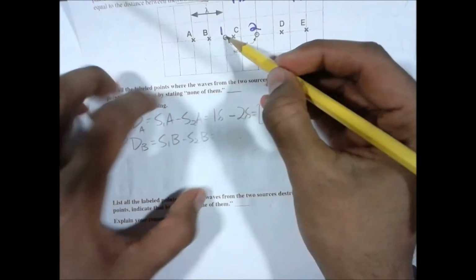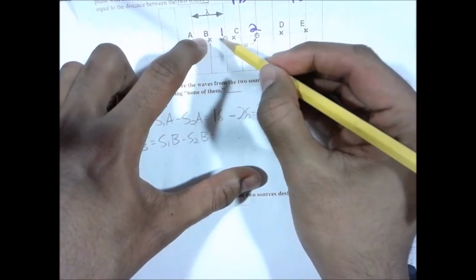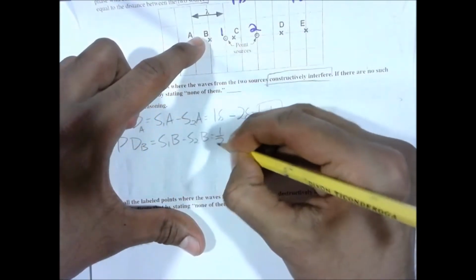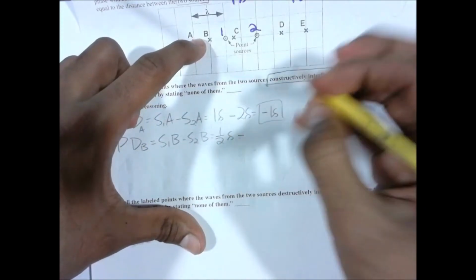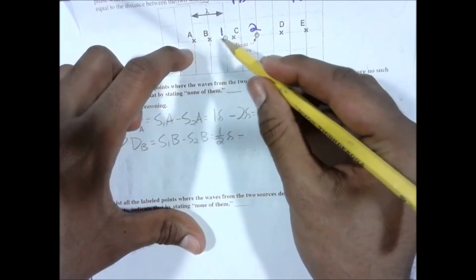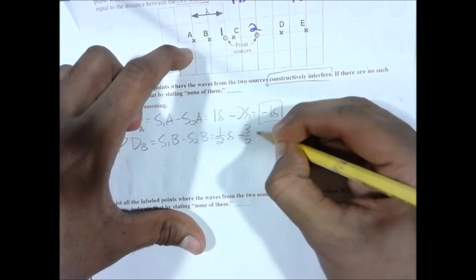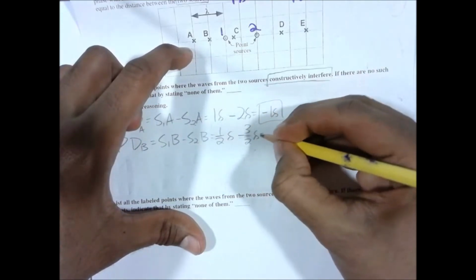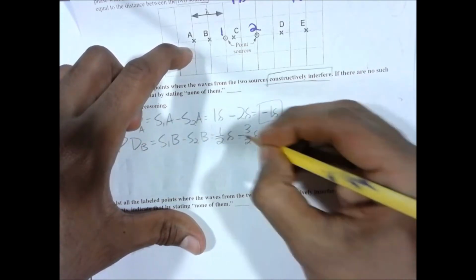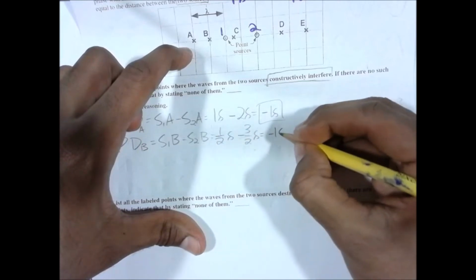So from source 1, B is 1 box, or half a wavelength, away. From source 2, it is 1, 2, 3 boxes, 3 halves wavelengths away. The difference here is still negative 2 over 2, so negative 1 wavelength.